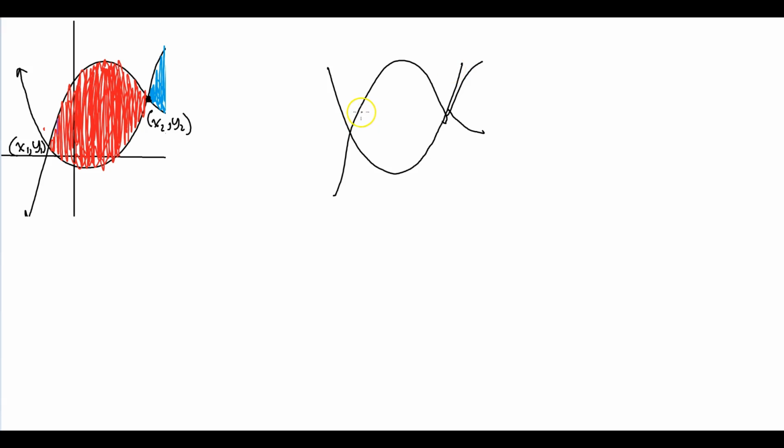And what you can do is draw rectangles like this. Okay, so you can draw rectangles that span the distance between the two graphs at a particular point. So look how we're drawing all these rectangles.